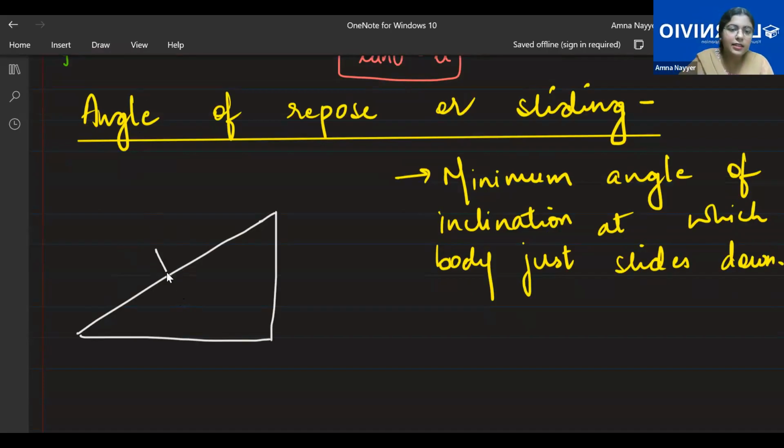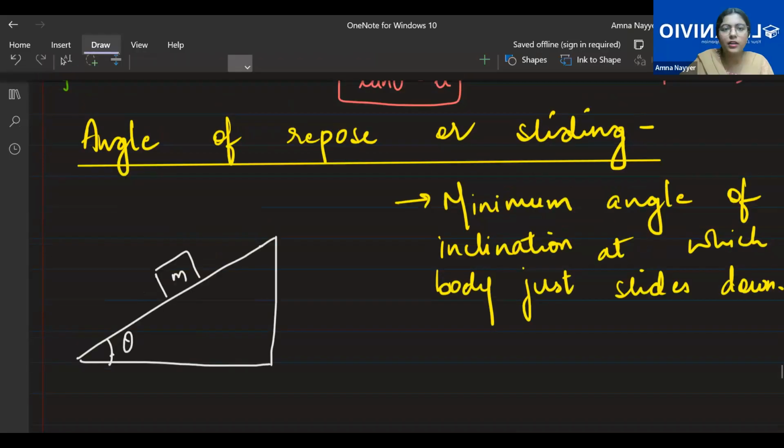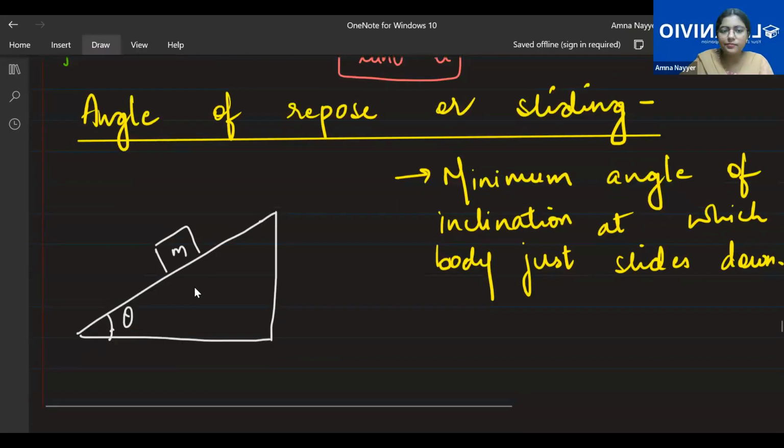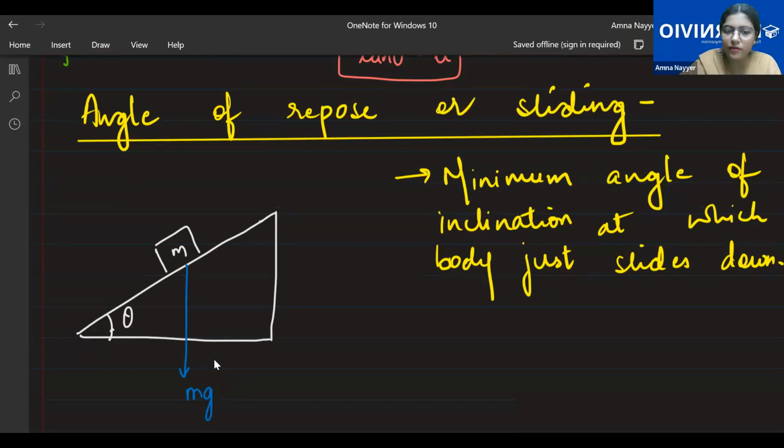Now let's say this is the object of mass m and this is theta, and various other forces are acting on it. Downwards we have mg acting. I think in one of the assignments there was something related to inclined plane. I told you to just pay attention in the inclined plane one, then you will be able to understand, because here you have to perform the resolution of vectors. See, downwards mg is acting.